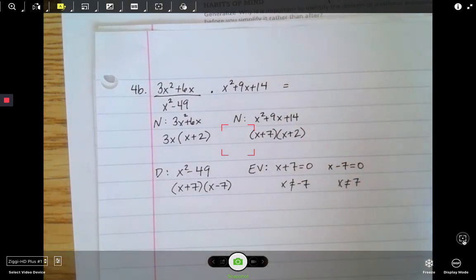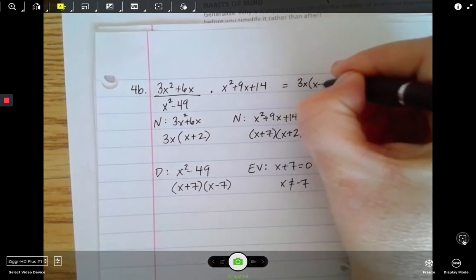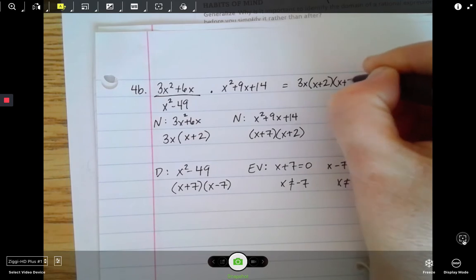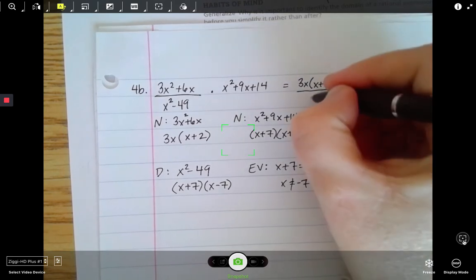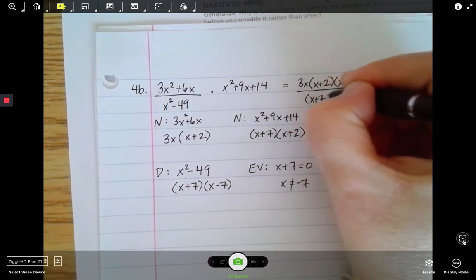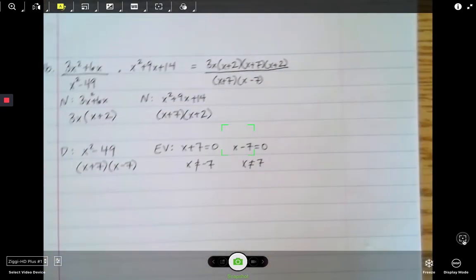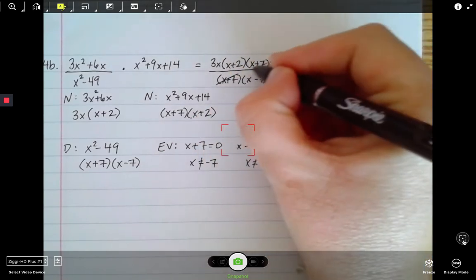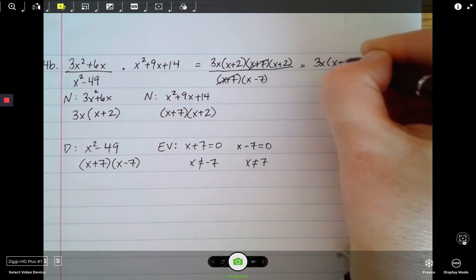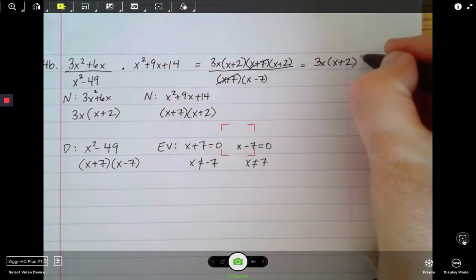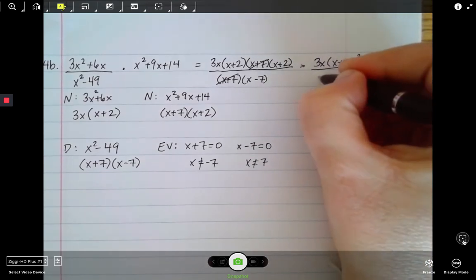Alright, so now I'm going to write this as one big fraction. Numerator 1, numerator 2, over my denominator. Cancel, cancel. I've got 3x times x plus 2 times x plus 2. So I could just write it as x plus 2 squared over x minus 7.